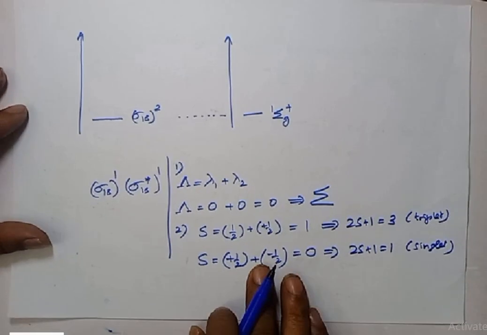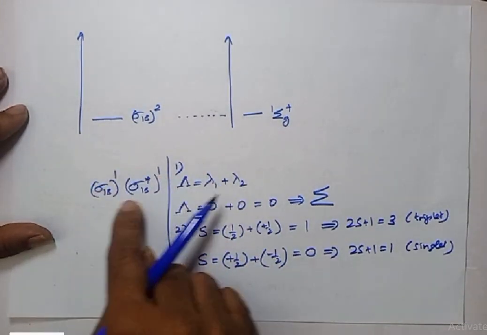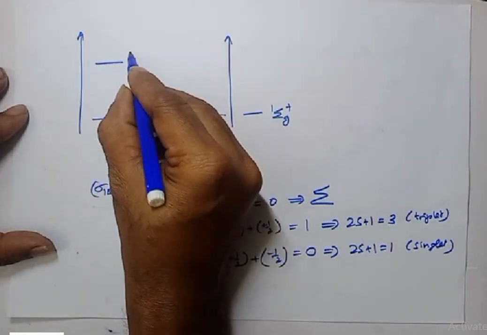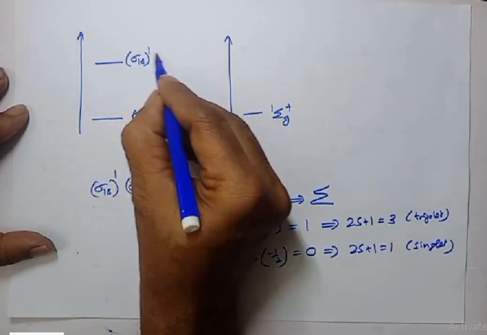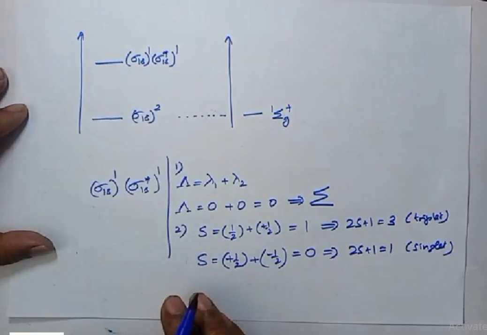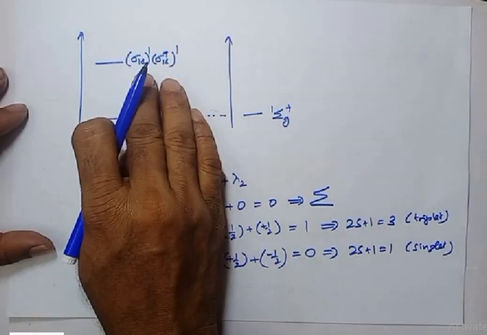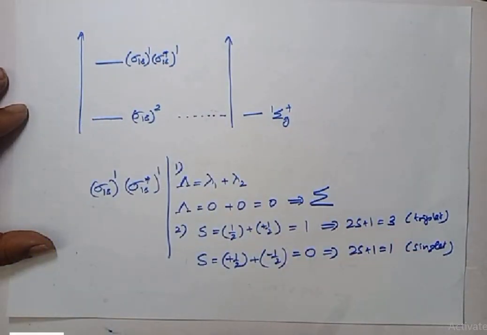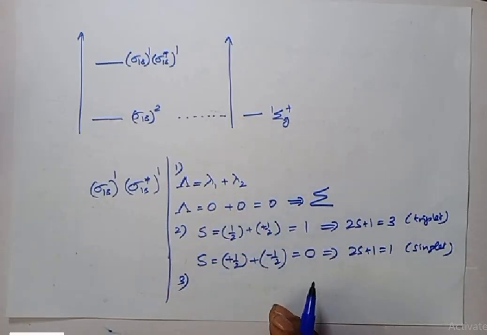So what I am trying to say here is, this is an excited state configuration. Let me write: sigma 1s1, sigma star 1s1. For this configuration, I have a triplet state and a singlet state. Then, third point: what about the inversion symmetry?